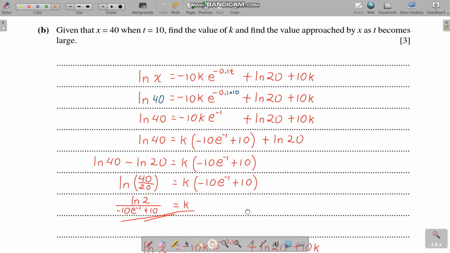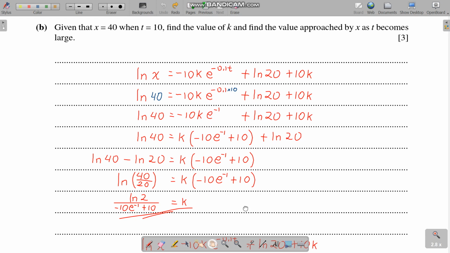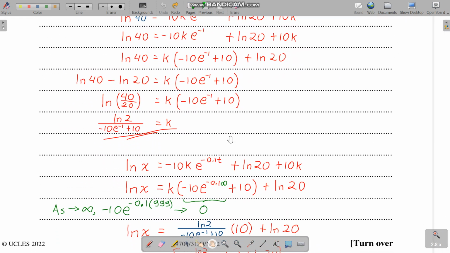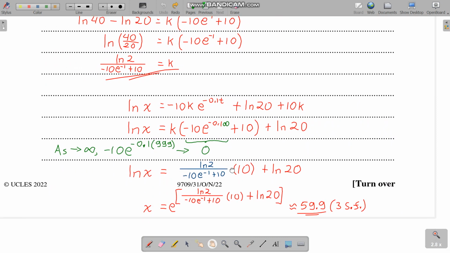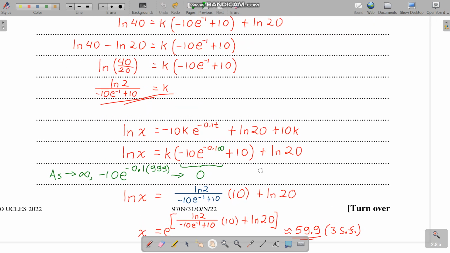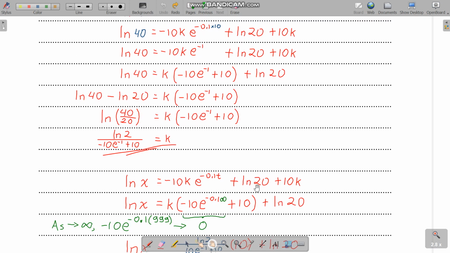The next question is to find the value approached by x as t becomes large. t becoming large means when t is infinity. So this is the original equation, and from the original equation we can again factor out the k.